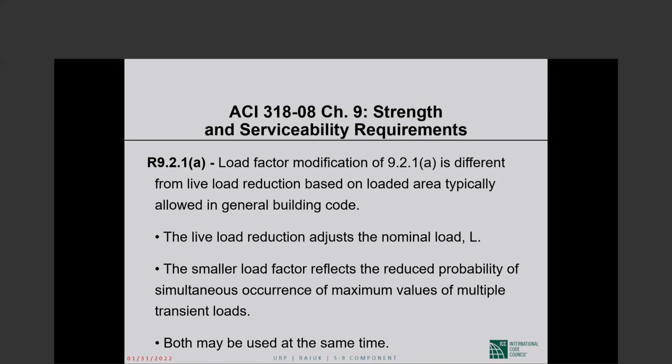So specified live load is 50 pounds per square foot, but we are allowed to design for 40% of that, let us say. And then can we take a load factor of 0.5 on top of that? So the live load is already reduced. Can the reduced live load be further reduced by a load factor of 0.5? Is that right?